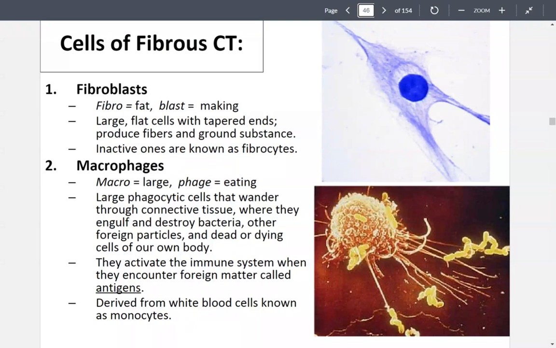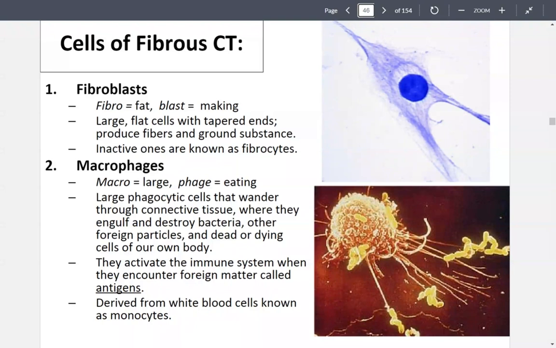Our macrophages are going to be our second most common cell that we're going to find. And macro, for my med term students, you know, means macro, large, phage, eating. So these are large cells that wander around the connective tissue, engulfing and destroying bacteria, foreign particles, and any cells that are dead or dying.